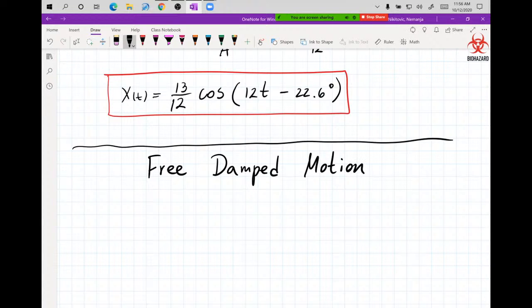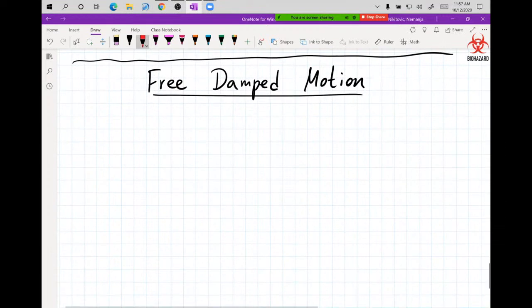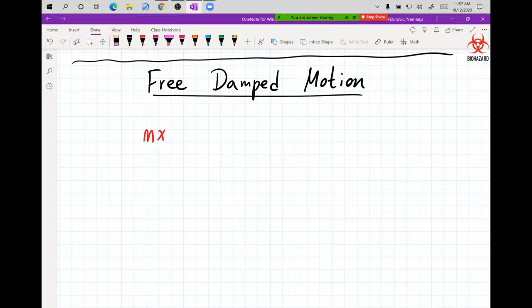Now we go into the other part where we are going to have this c back. So we have mx double prime, the second derivative, plus cx prime plus kx, still equal to 0. Again, we're going to change that in 3.6. Today's lecture is just going to get the forcing, and it's going to make a lot more mess.